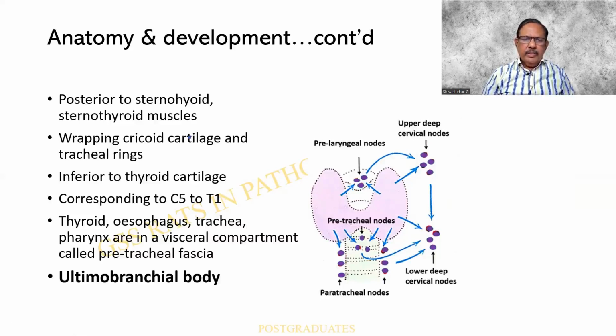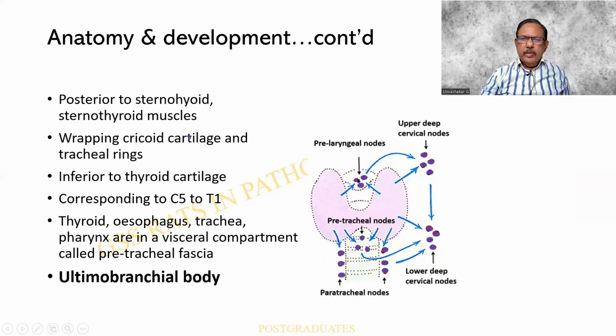Thyroid, esophagus, trachea, pharynx are all in a visceral compartment called the pretracheal fascia. So this is important both for surgery as well as the complications it shall be bearing. Ultimobranchial body is something that we will have to keep in mind. Even before I go to the next picture, I always touch upon the lymphatic drainage.